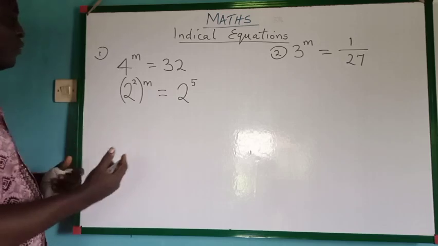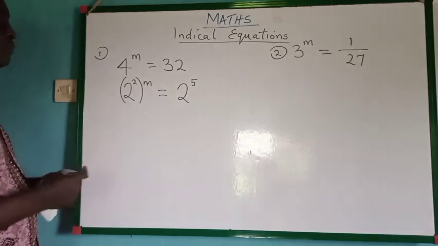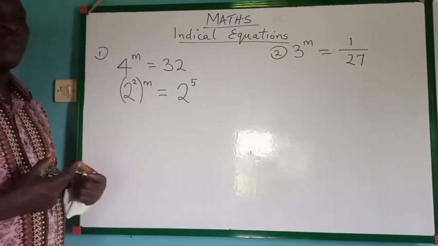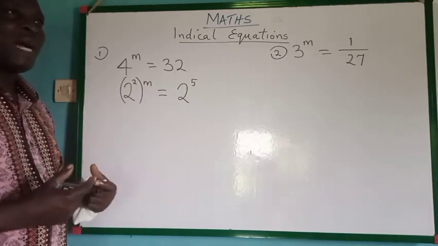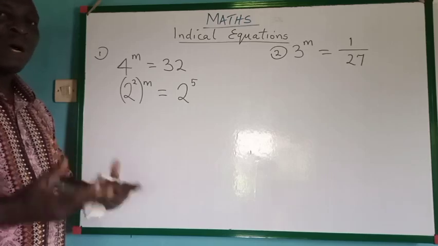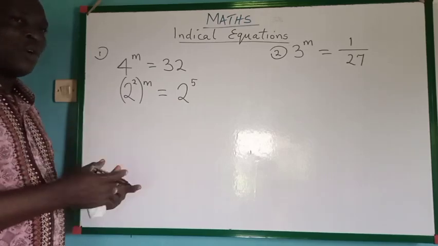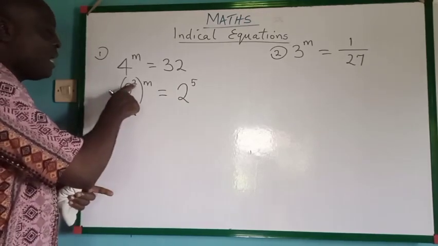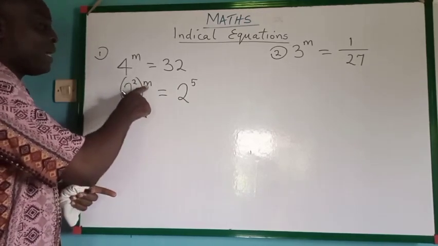So let us go further with the expression. Do you remember when we talked about one of the laws of indices, where we said that we have powers of powers? That is the law of powers. Now 2 raised to power 2 and all raised to another power n.